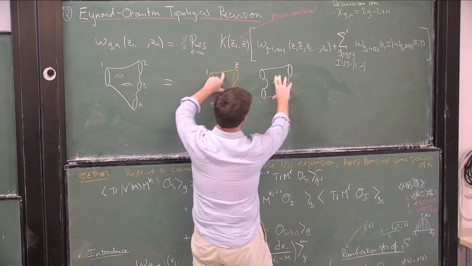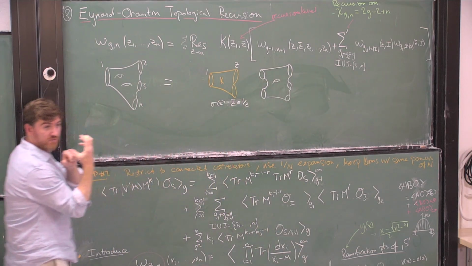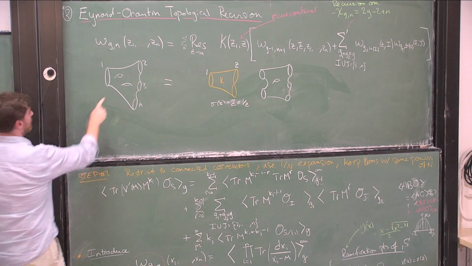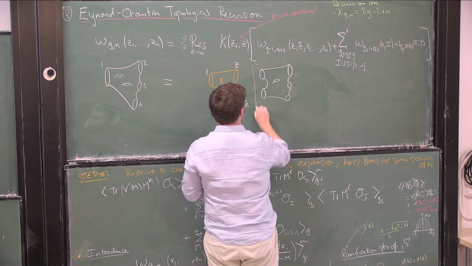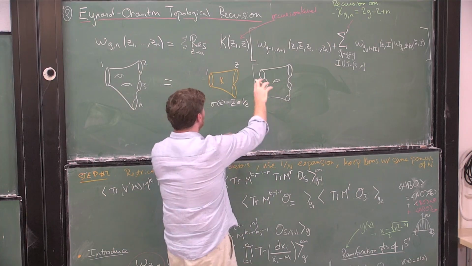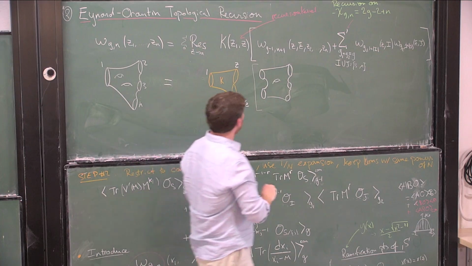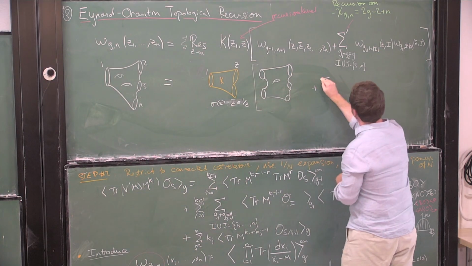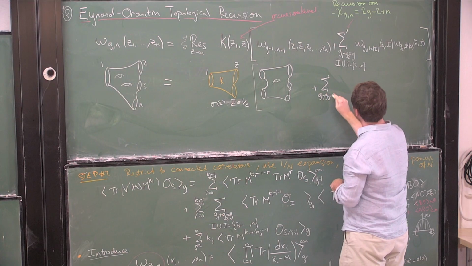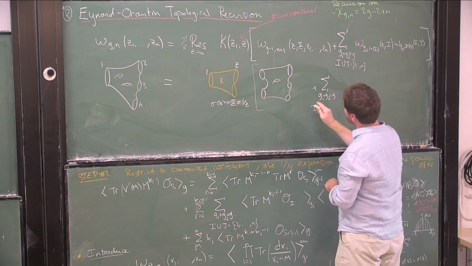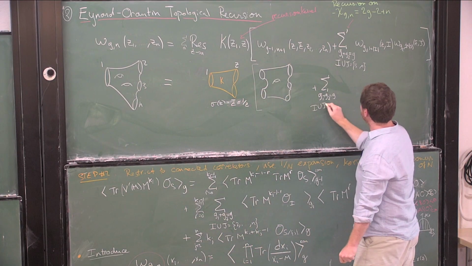And as you can see, as I glue this together, it's going to create another hole, so it gives us another genus. So that would be this guy over here. But there's another way that we can do this, which is when we glue 2 disconnected pieces to these 2 legs over here. So we're going to sum over all possible ways, g1 plus g2 is g, and all ways that we can distribute the n minus 1 boundaries.